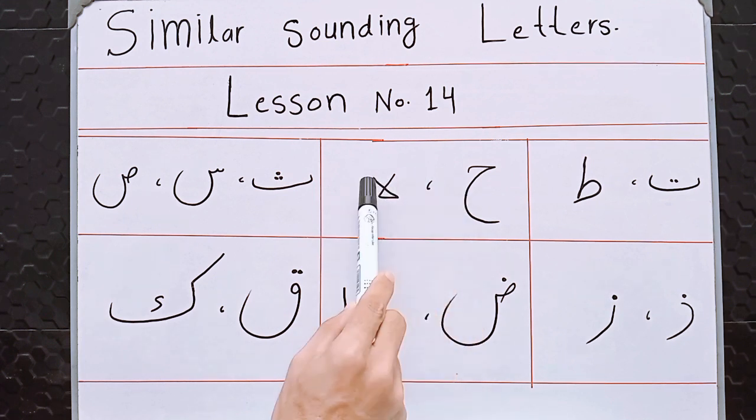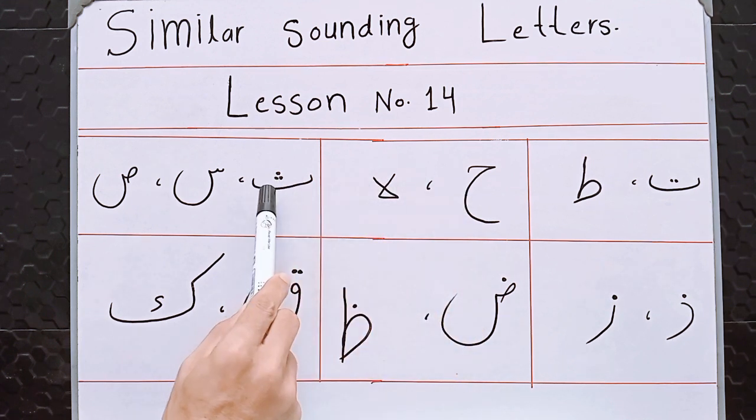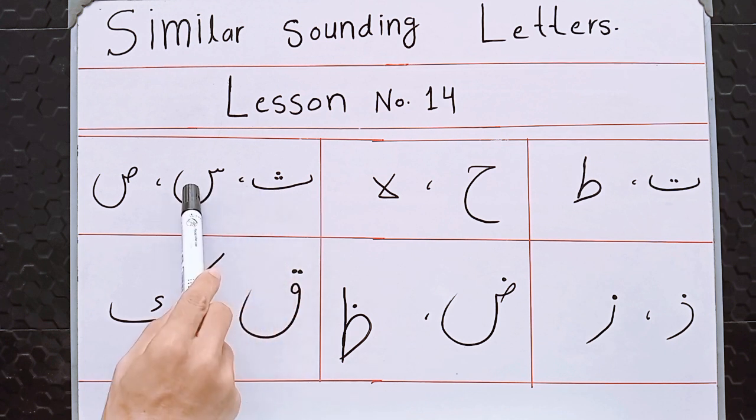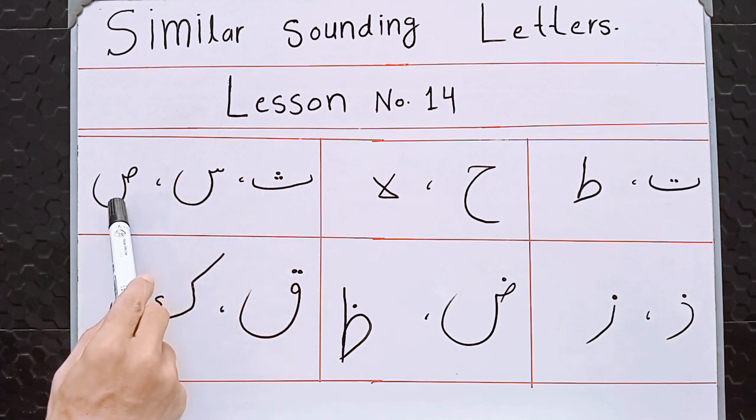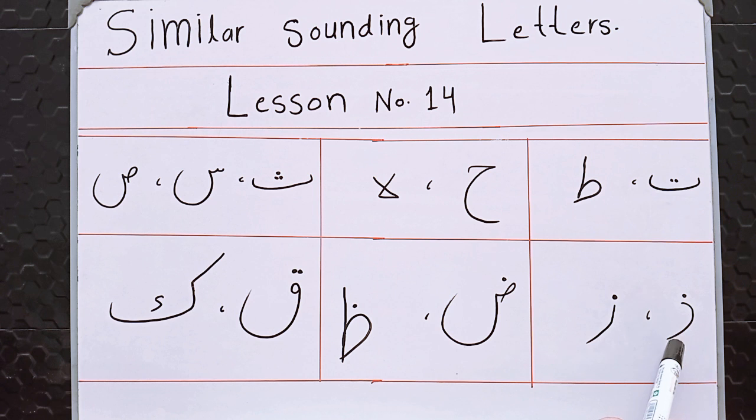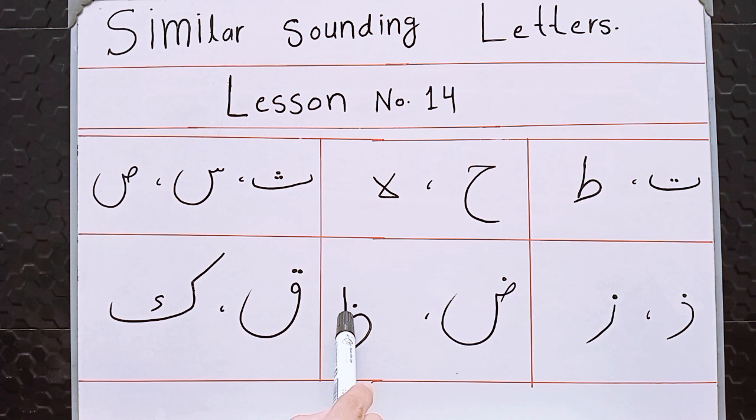Tha, sin, sod. Zal, za. Dod, with a bold, heavy sound. And this one is do, with a bold and heavy sound.